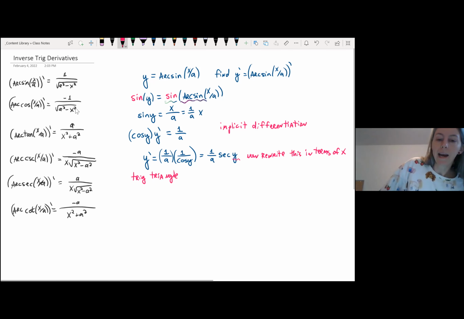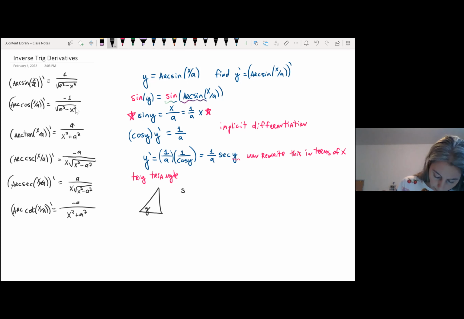We're going to create a triangle that has y as our angle. And then we're going to use our original function to fill in this triangle. So y is my angle. I know that y is equal to arcsine of x over a, which means that sine y is equal to x over a.